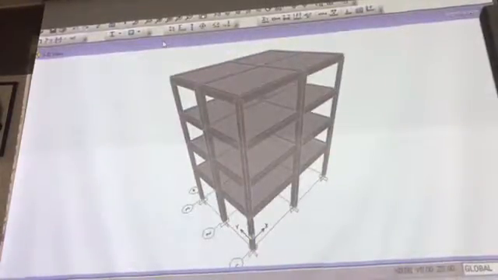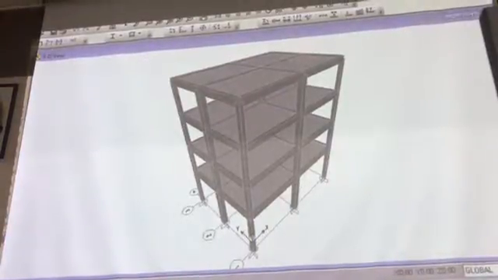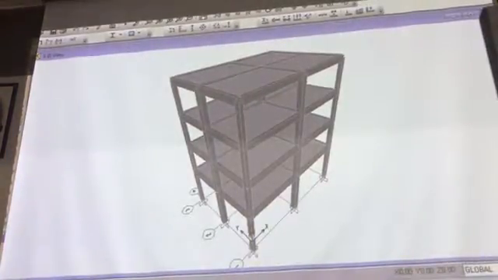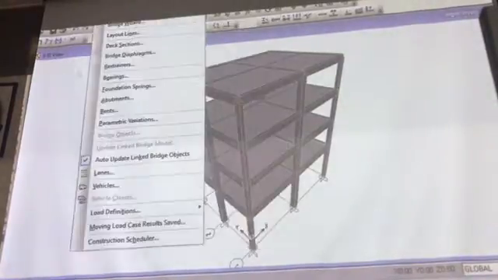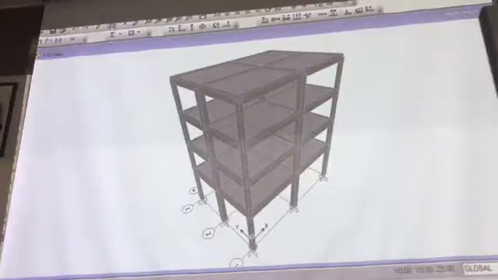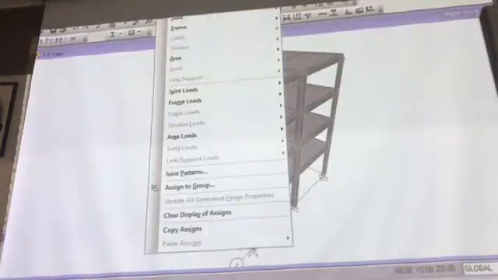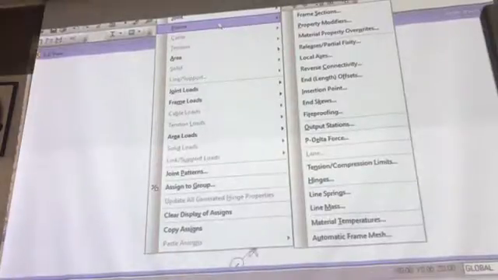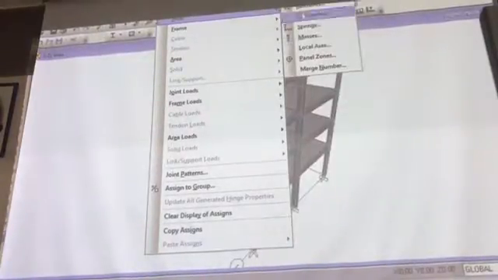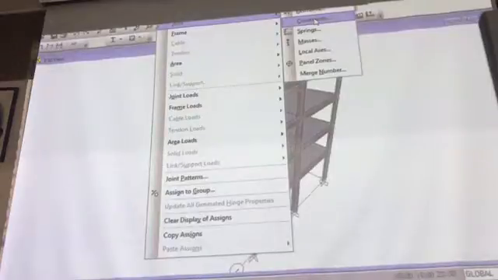In order to assign loads, we need to define rigid body constraints first. Rigid body. Now, select all, first of all, rigid diaphragm. Assign frame. Assign joint constraints from here.